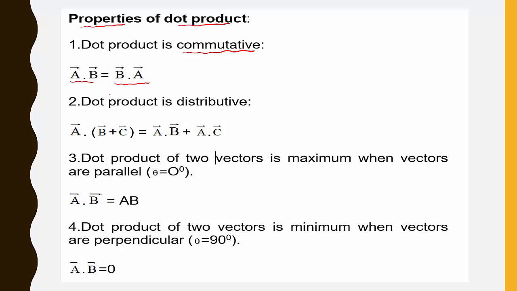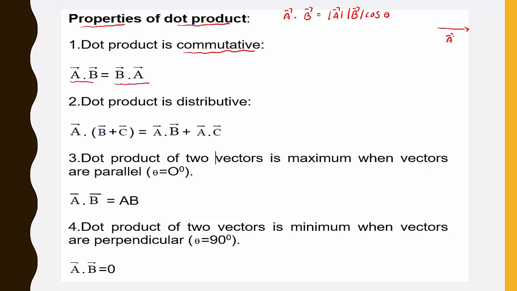I will give you one example here. I am going to consider vector A dot vector B is equal to, what is our equation? Mod of vector A into mod of vector B into cos theta. This is the equation. Right? Now we can consider two vectors here.